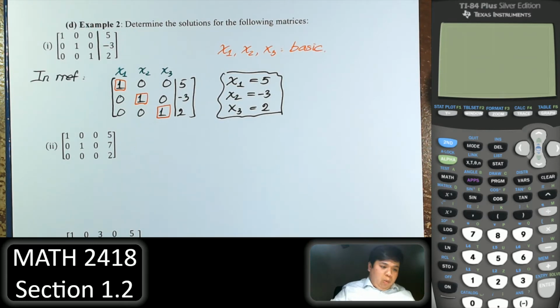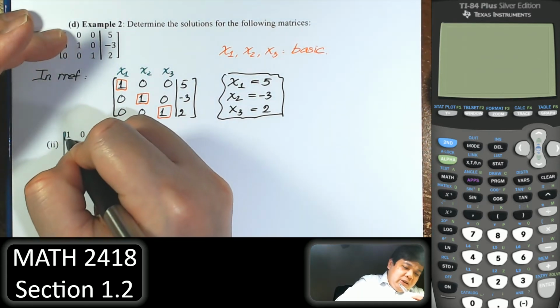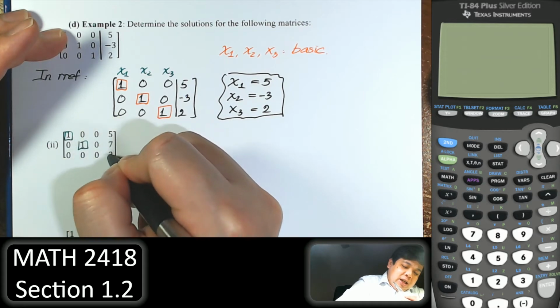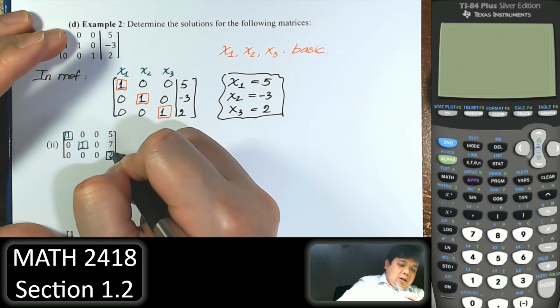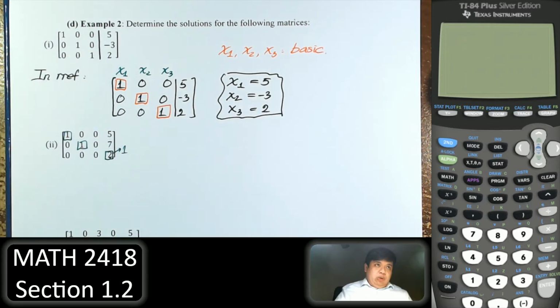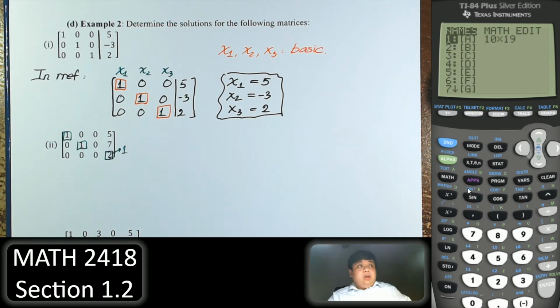Right, so is this matrix in reduced row echelon form? So let's see. The pivots here, here, and this is not 1. So this is not in reduced row echelon form. If it is not in reduced row echelon form, we're just going to turn that into reduced row echelon form. Just use the calculator.